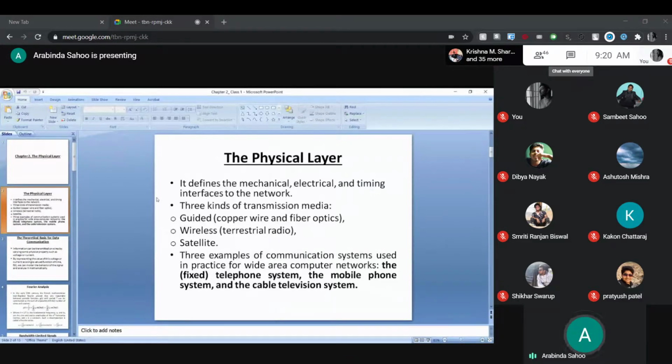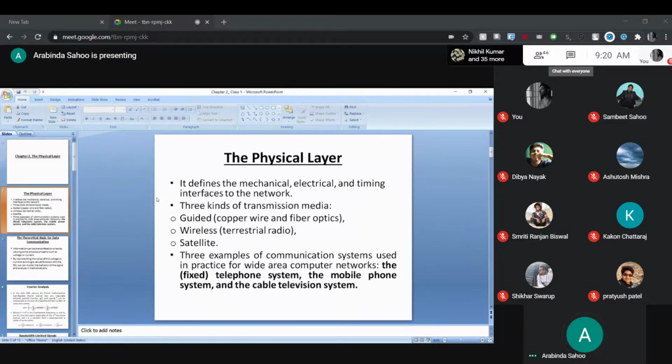Then we'll discuss the different types of transmission media. Then we'll discuss the three types of communication systems used in practice on wide area computer networks: the fixed telephone system, the mobile phone system, and the cable television system.